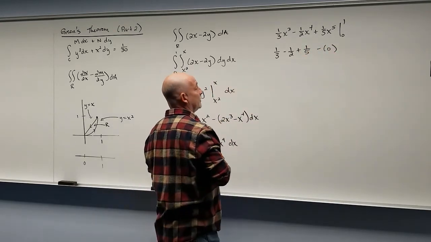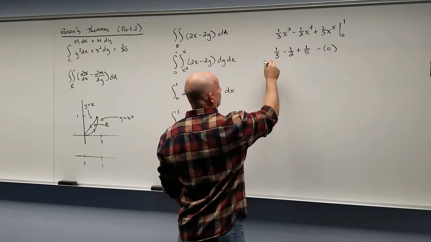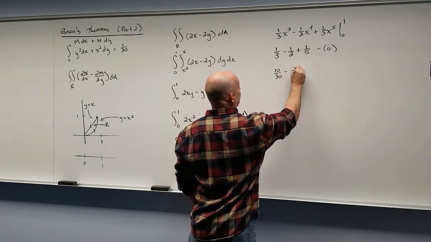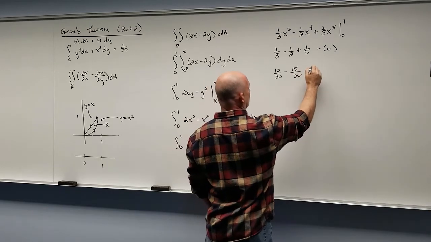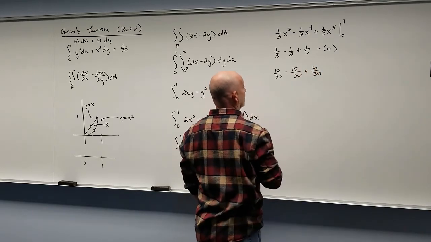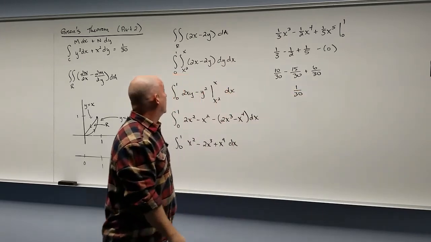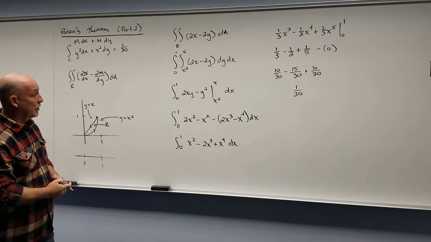When we plug in 0, we get 0 for all those. A common denominator there is 30. So that's going to be 10/30ths, minus 15/30ths, plus 6/30ths. So 1/30th. Now notice that matches our result from the first side of this integration.